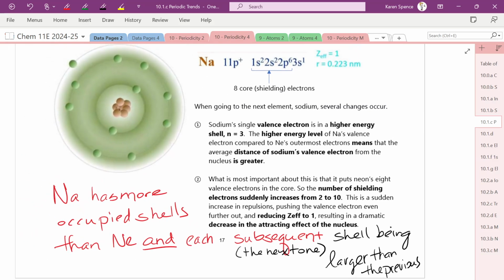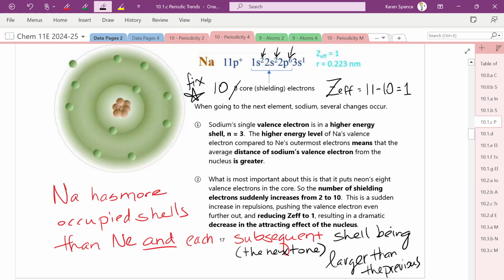But that's not all. What is the Zeff for sodium? We have 11 protons, and we have 2 plus 2 plus 6, why does it say 8 core shielding electrons? That should say 10. Fix. Core shielding electrons. And we get plus 1.